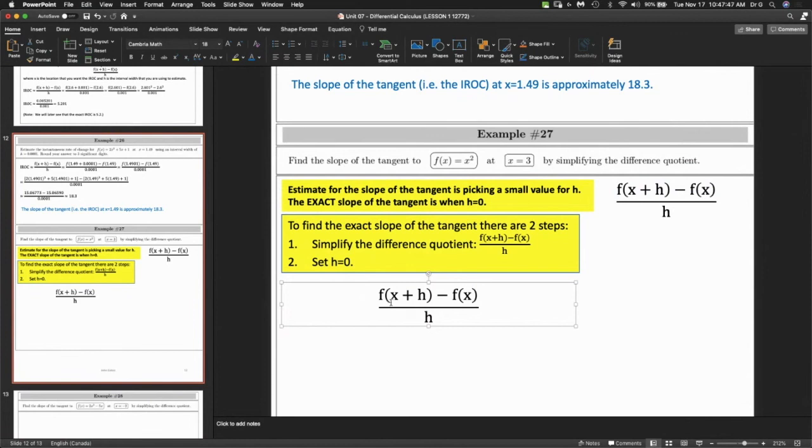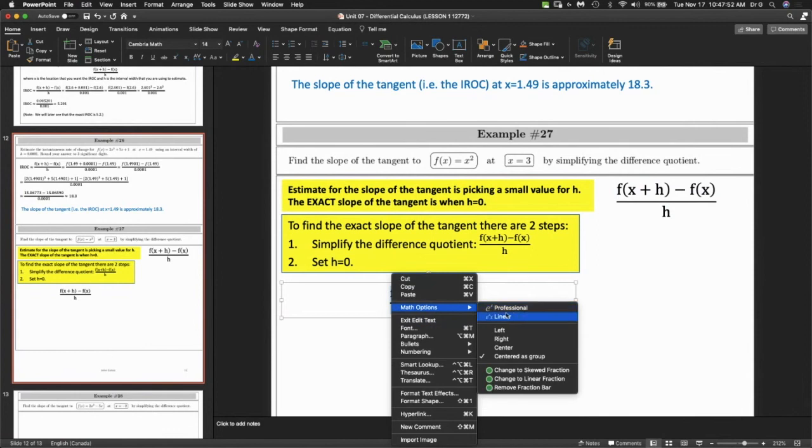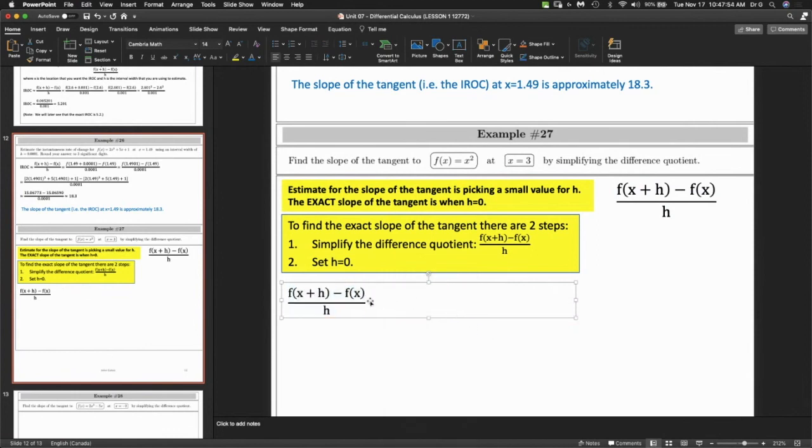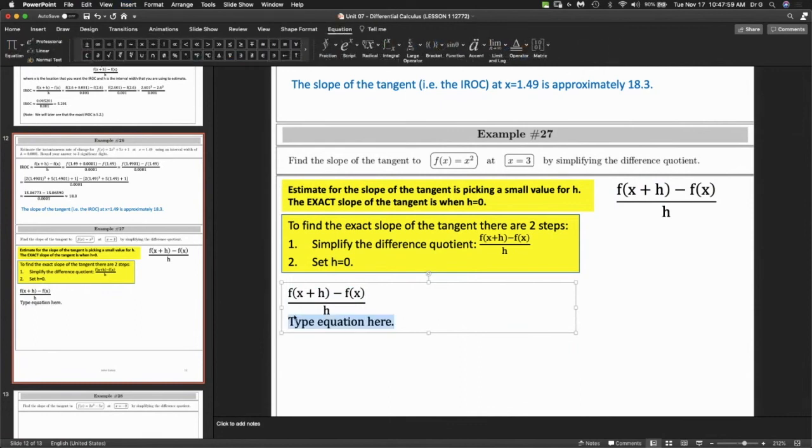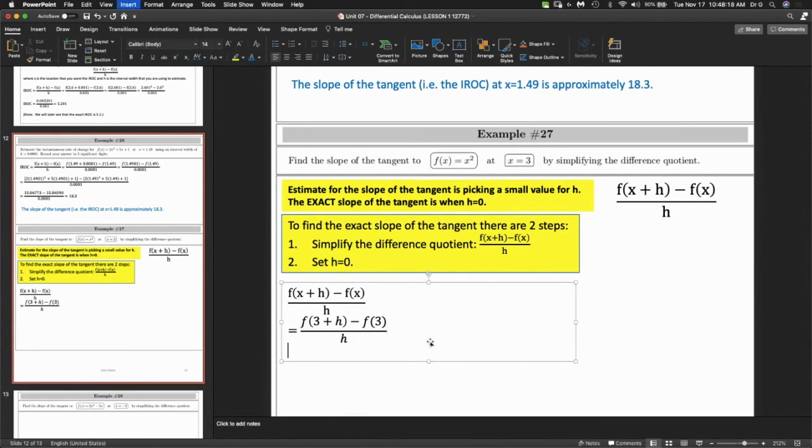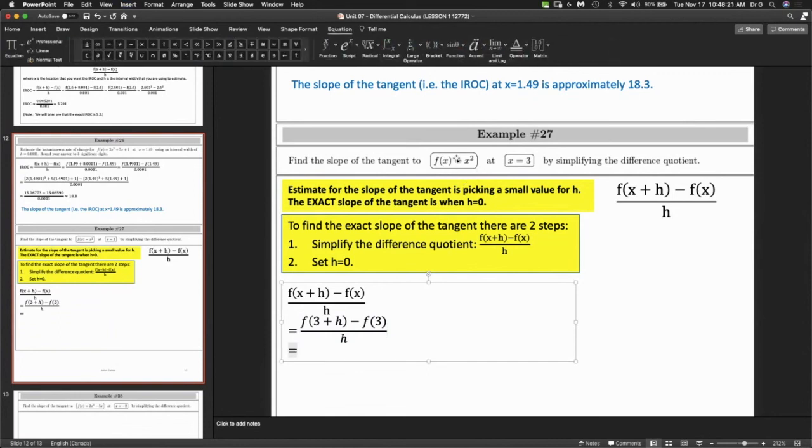So we start with this. And you plug in this, you evaluate f of x plus h, and then you evaluate f of x. So in this case, x equals 3. So you would have f of 3 plus h minus f of 3 over h. The function here is f of x equals x squared.